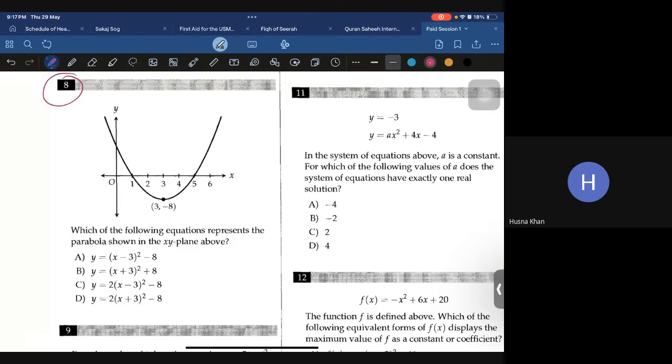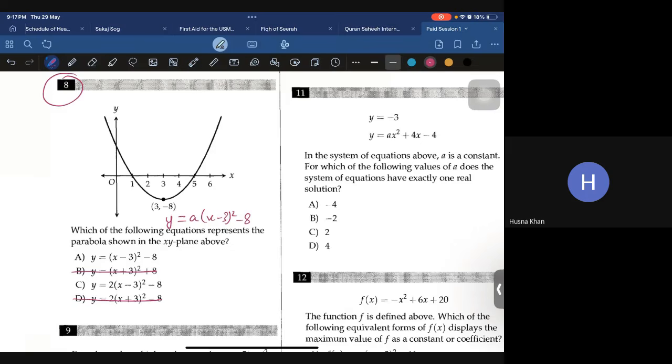On the basis of the turning point, we can make a general equation which will be x minus 3 square minus 8. Okay. So we can cross out B and we can cross out D. अब A और C में confusion है, because we don't know the value of A.